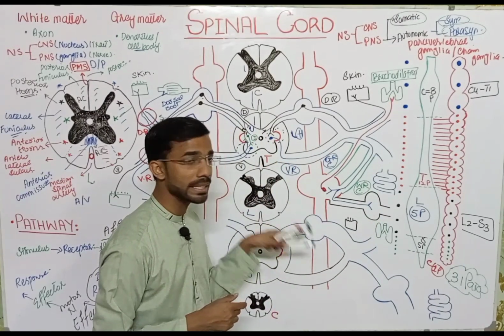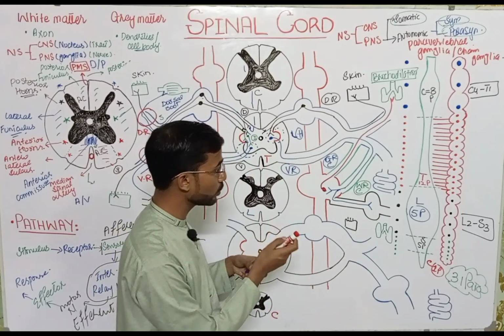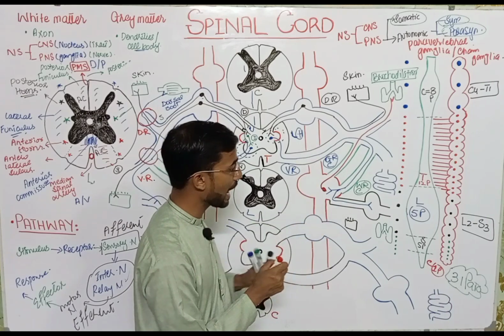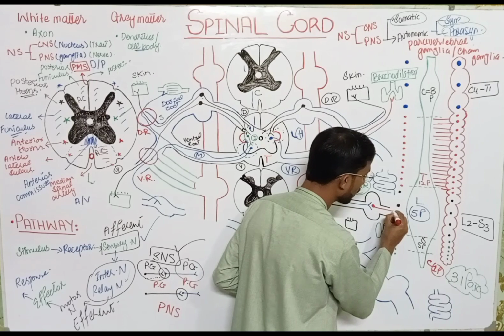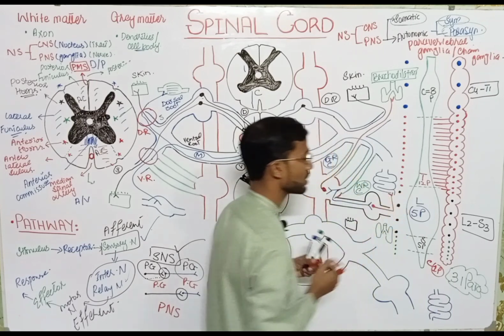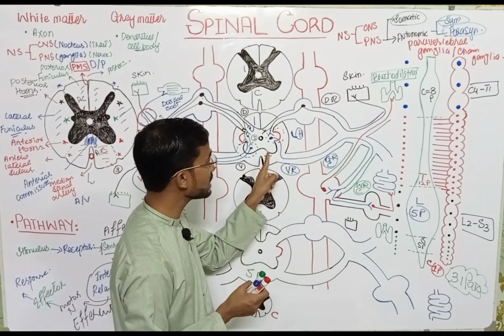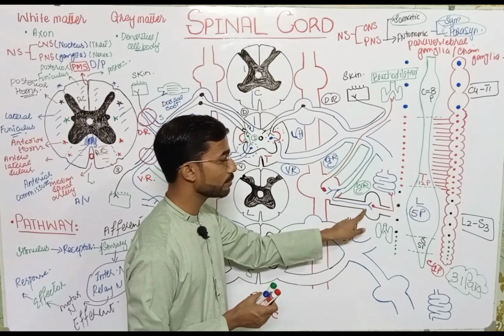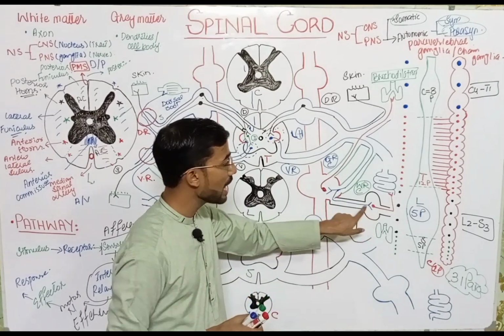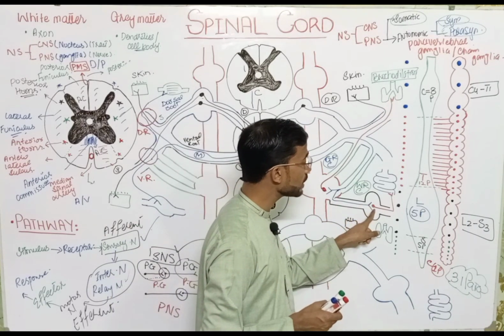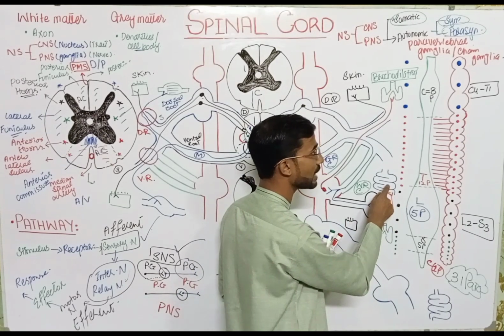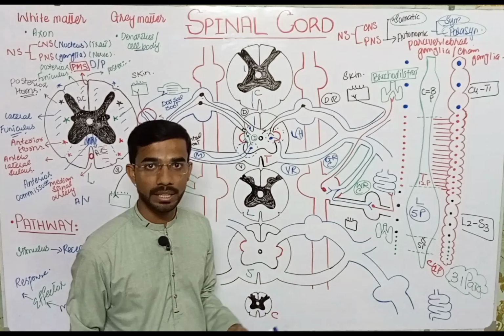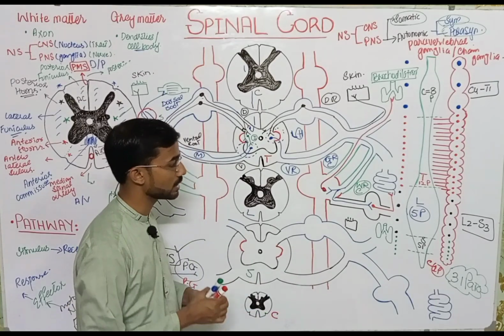After that you will see the postganglionic fiber. This is the same preganglionic branch moving through another ganglia, and the postganglionic fiber provides the supply to the GIT, and the motility of the GIT decreases in the sympathetic. Okay, this is the case.